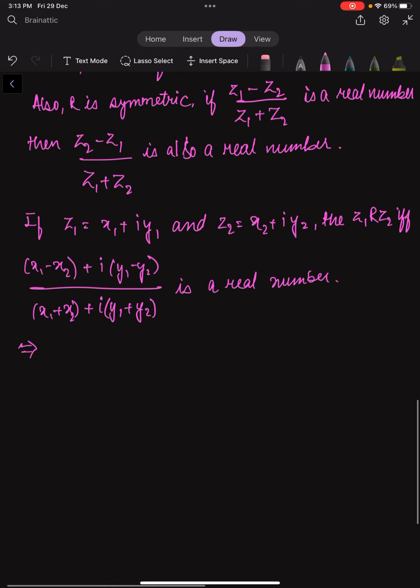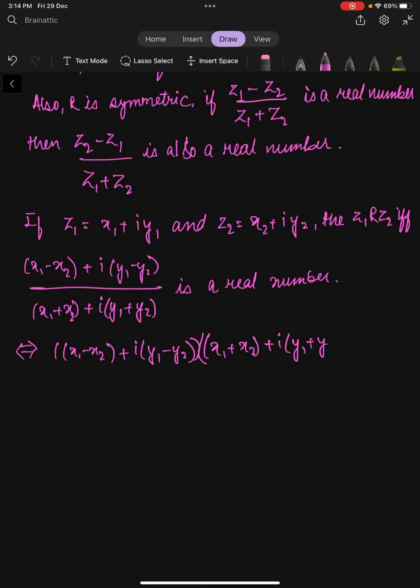This is identical to (x1 minus x2 plus iota (y1 minus y2)) taken product with (x1 plus x2 minus iota (y1 plus y2)), and in the denominator we will have (x1 plus x2) whole square plus (y1 plus y2) whole square, is a real number.